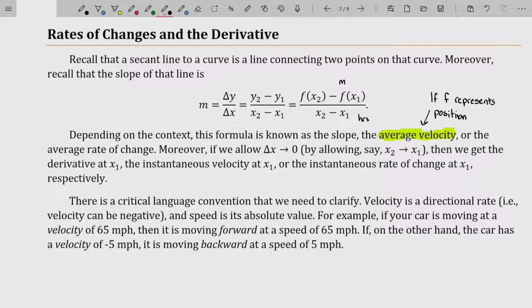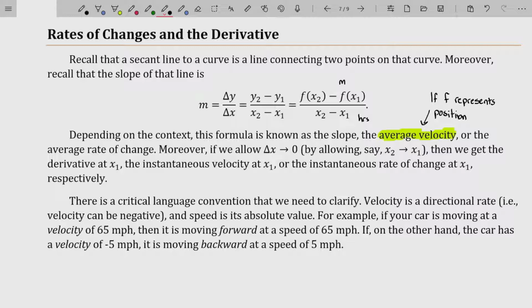So position in terms of time, which we'll call F. Rise over run, miles per hour, so that is definitely a velocity or a speed. Also, it is known as the average rate of change. Even though it's a critical phrase, I rarely use it. I use average velocity or slope more often than not.